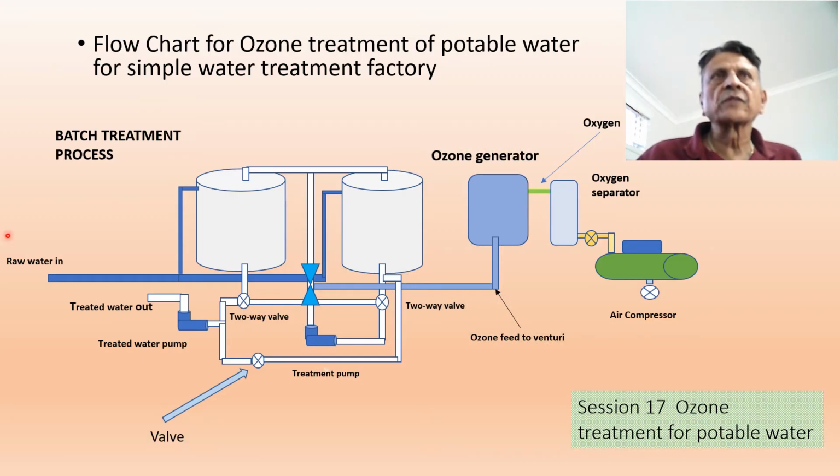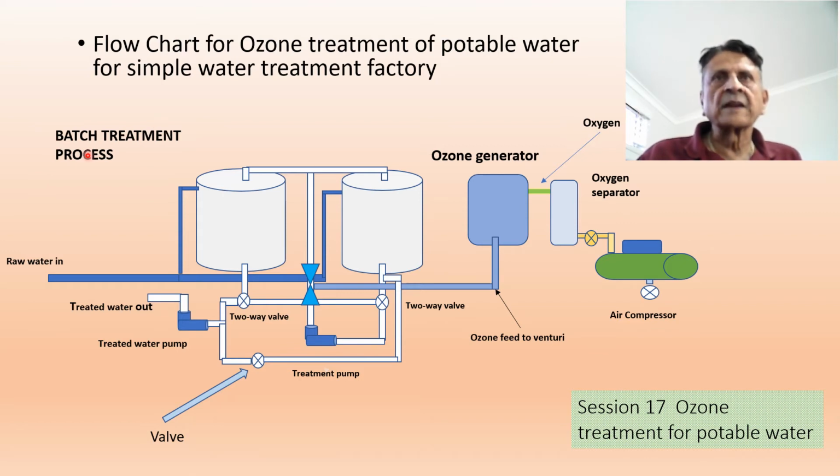There are two types of treatments of potable water for a simple water treatment factory, community treatment or council treatment, etc. The first one is the batch treatment process.